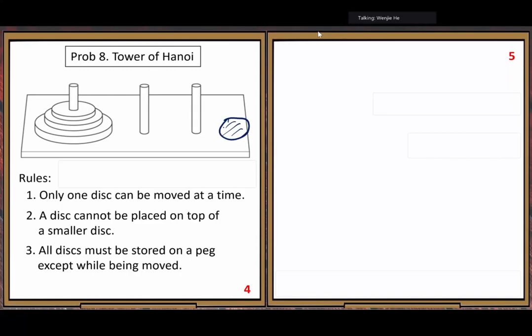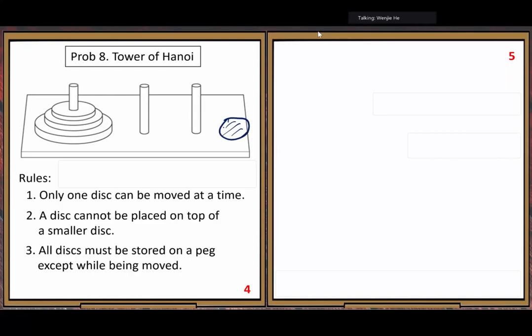At the end of your move, you always need to place a disk on one of the 3 pegs, and also follow all the other rules. All right. Under these 3 rules, we need to solve the problem.